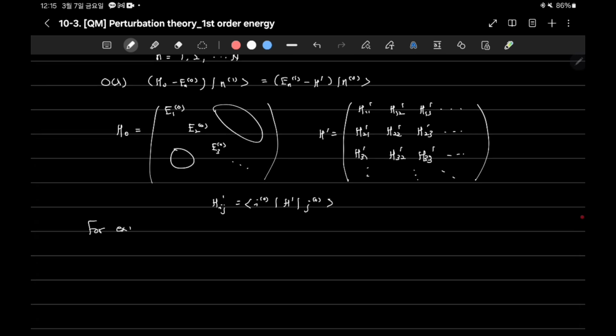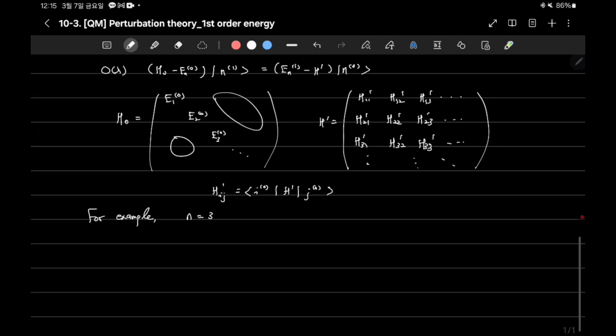For example, let's choose n equal to 3. Then the energy eigenstate for the third state is (0, 0, 1, 0), like this. Here we are interested in the n equal 3 state and its first order state, but we don't know the first order state.